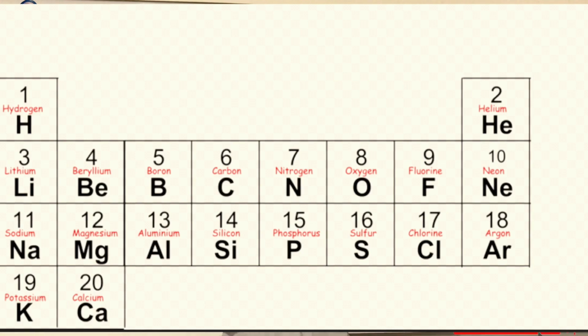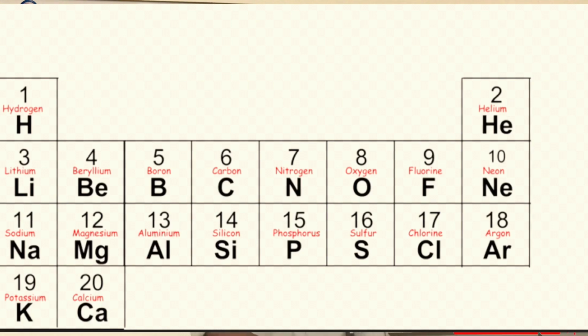Periods, we are looking at how the elements are arranged from left to right, or horizontally. On period 1, we have hydrogen and helium. Period 2, we have lithium, beryllium, boron, carbon, nitrogen, oxygen, fluorine, neon.